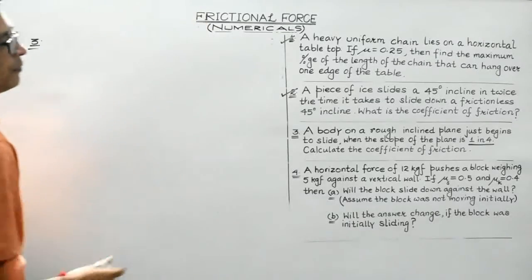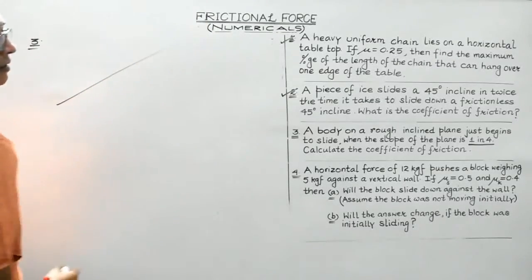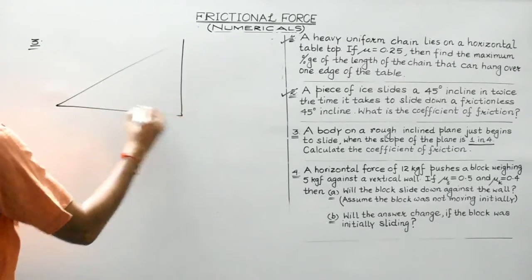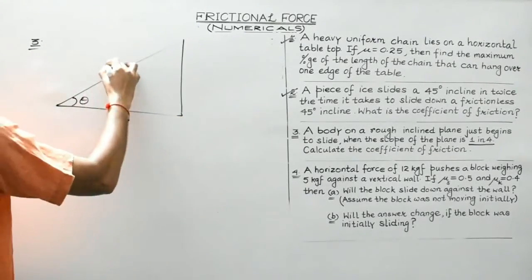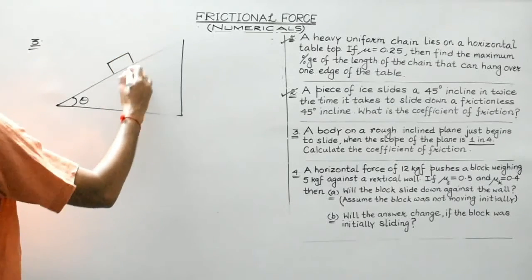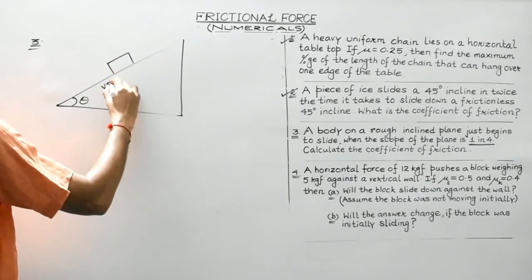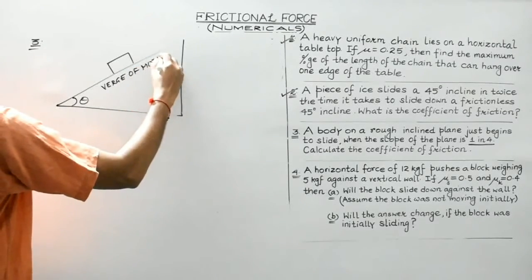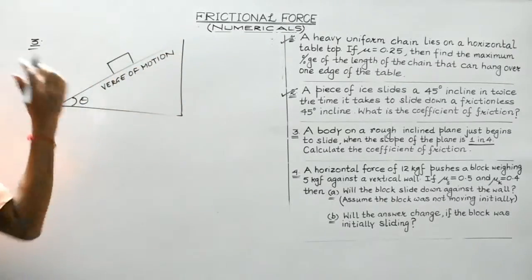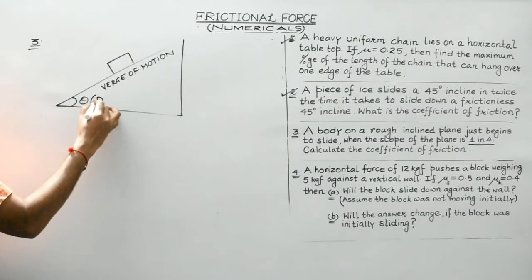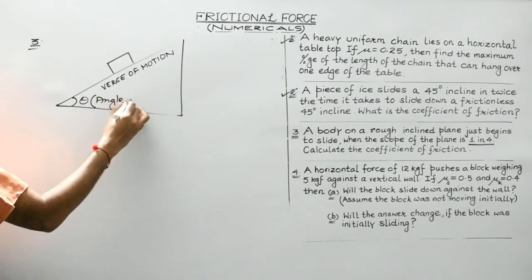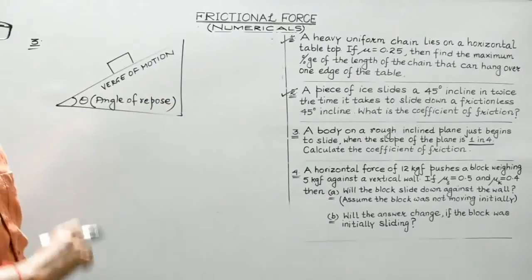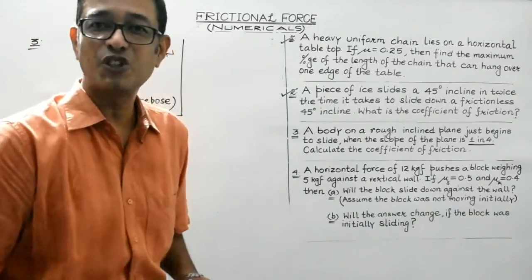So let's do it. This is a rough inclined plane, and suppose this angle is theta, and a body placed over here just begins to slide. It is on the verge of motion. So this theta is known as the angle of repose. Students, you must remember we have done this topic in the theoretical portion.